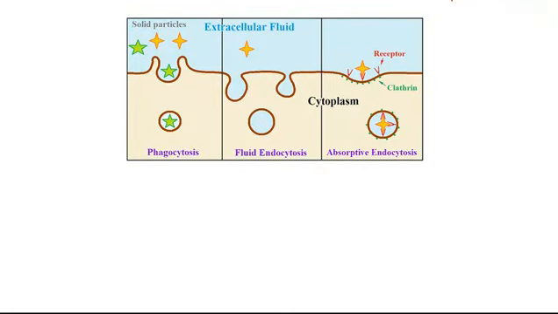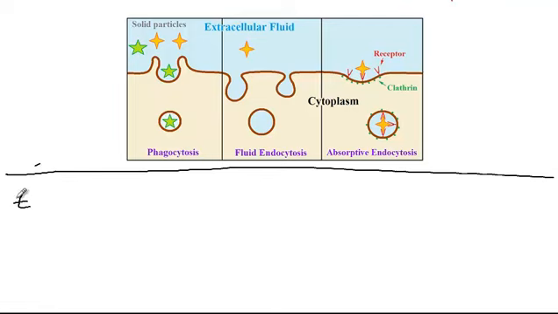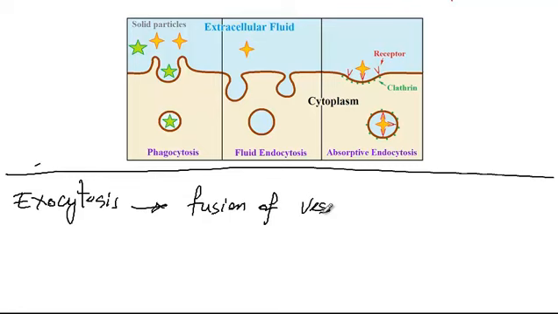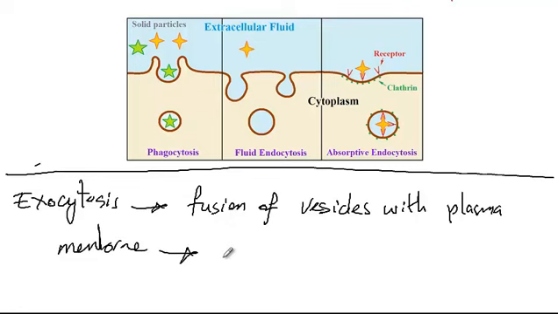All right, next we have exocytosis. So we've already described endocytosis. The next concept was exocytosis, which refers to fusion of cytoplasmic vesicles with the plasma membrane in order to release their contents.